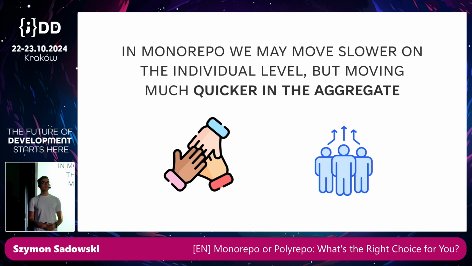On an individual level, of course, there will be such situations where someone will be less productive. But if we are achieving our goal of making faster progress in aggregate, then we won something. So it's a very important thing to keep in mind, because I was quite shocked at first.